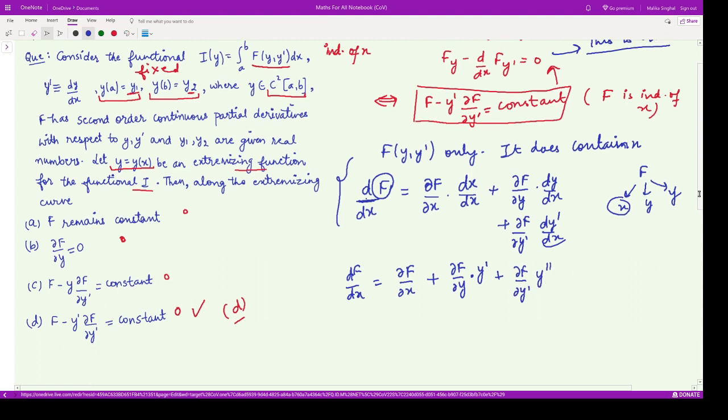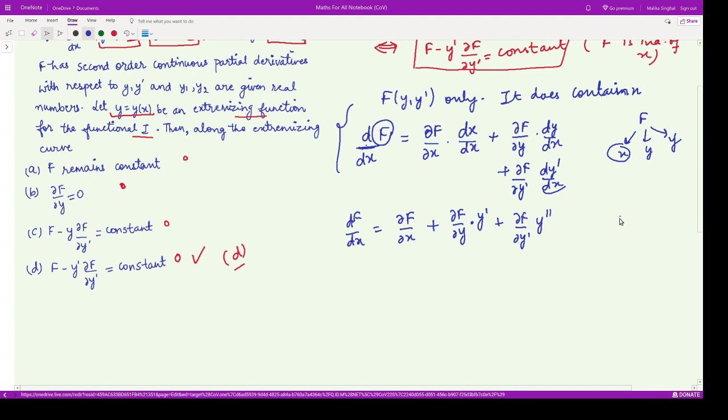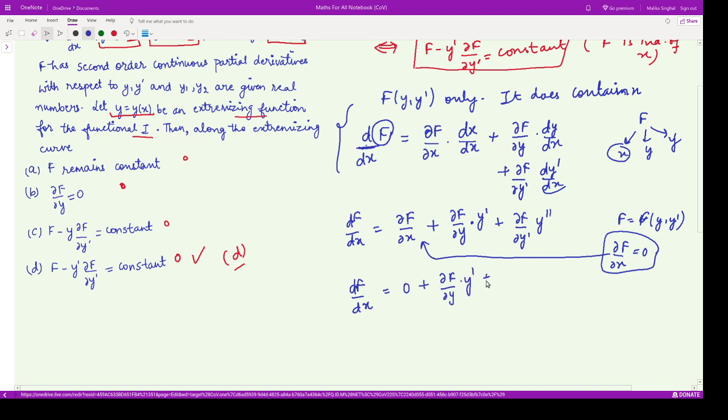Moreover, in the question we are given that f is a function of y and y dash only. So this term del f by del x is equal to 0. Let me use this value over here. So I have df by dx is equal to 0 plus del f by del y into y dash plus del f by del y dash into y double dash.